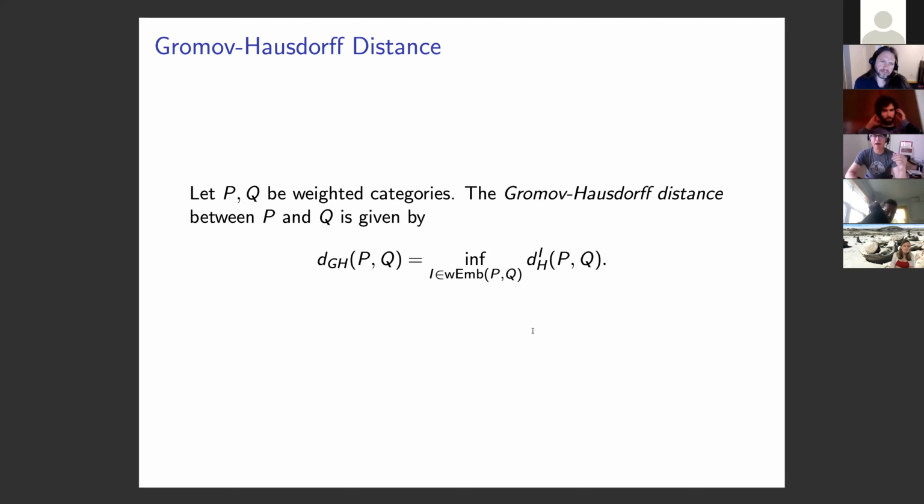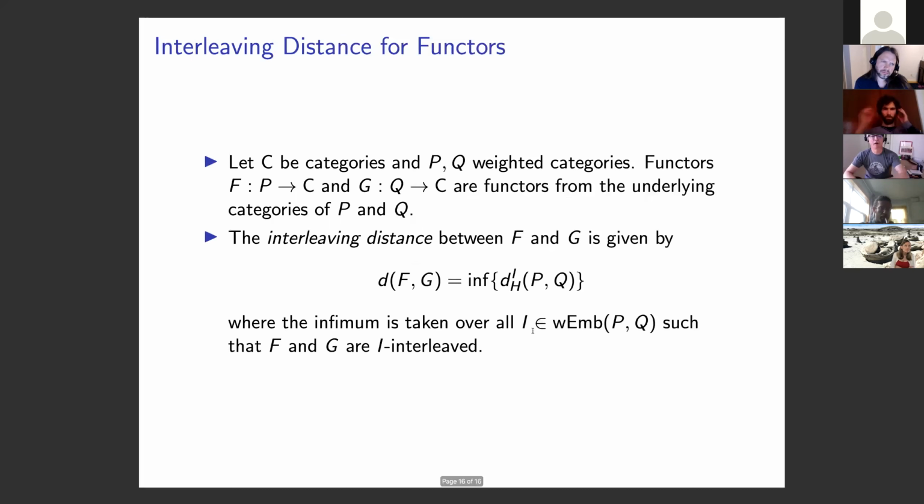And then to get back to how to tell the distance between functors, well, you look at the infimum of all the possible distances between P and Q, where now instead of looking at all the different embedding categories, you just look at the ones over which you can extend F and G. So you're taking a smaller collection.